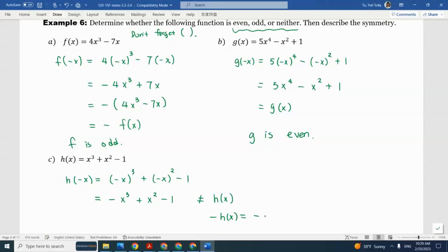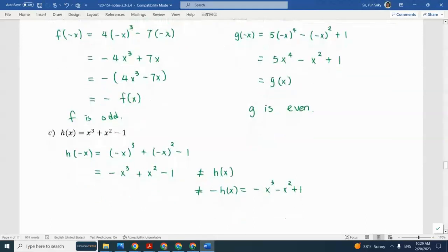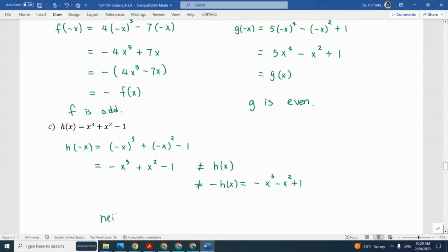Negative h of x, we flip the sign of all of them. Negative x cubed matches, but the other two terms do not match. Therefore, it's also not equal to negative h of x. Therefore, this is neither.